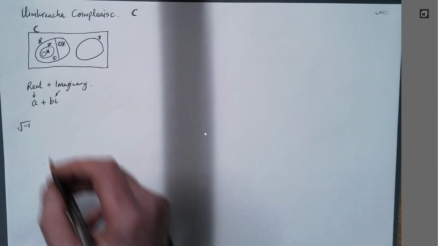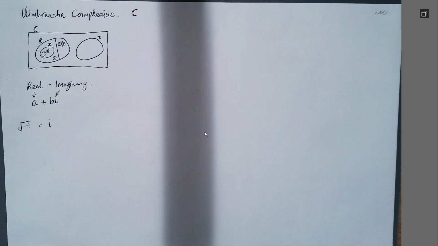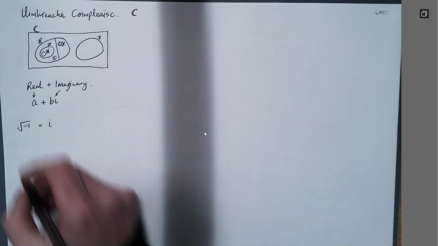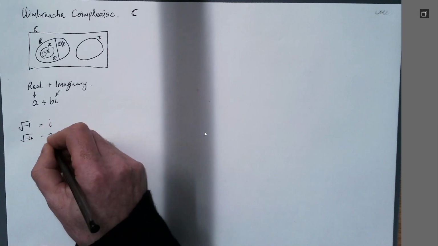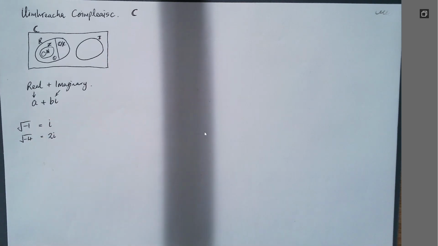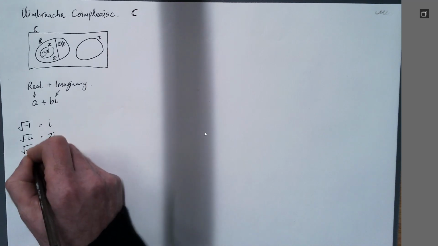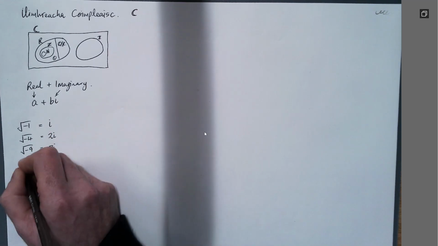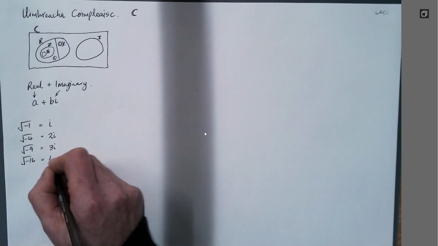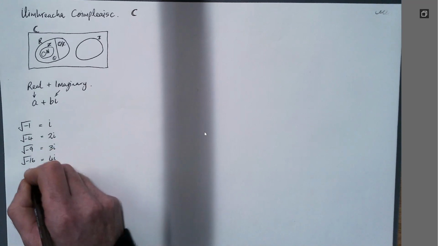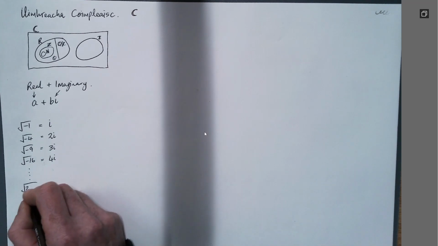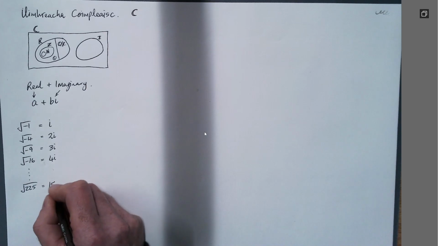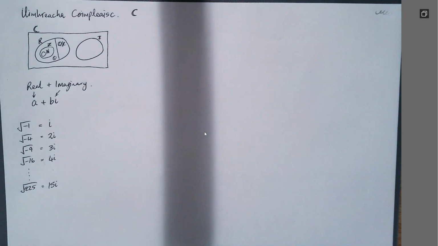So the square root of minus 4 is 2i, the square root of minus 9 is 3i, the square root of minus 16 is 4i, and so on. Even a negative square root like the square root of minus 225 is 15i, and so on.